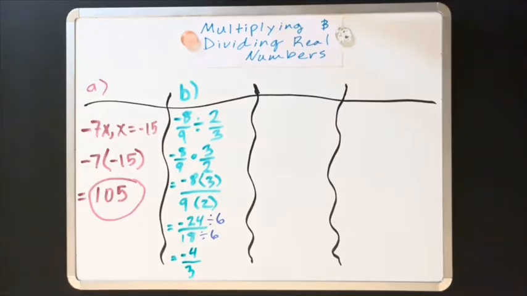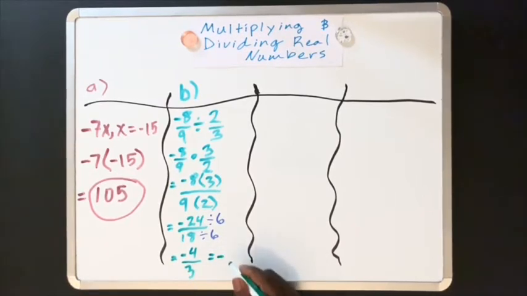Now think about it. We really need to consider, because sometimes your teachers may ask you to write this fraction. Here we have an improper fraction, and in this case, we can convert this improper fraction to a mixed number. It's still going to be negative because we have a negative divided by a positive.